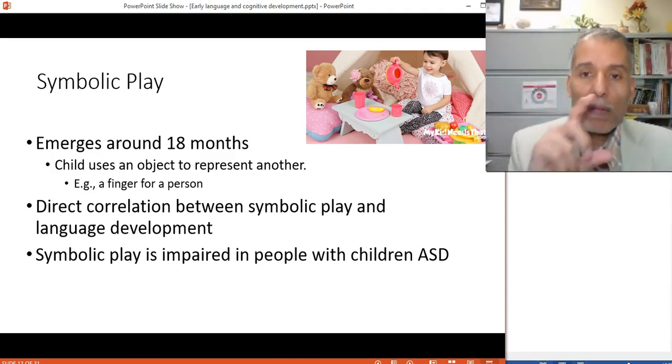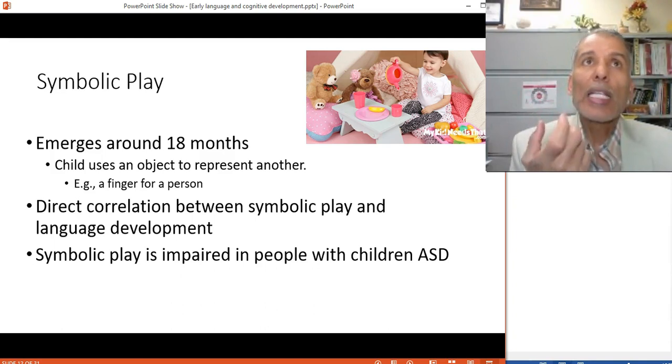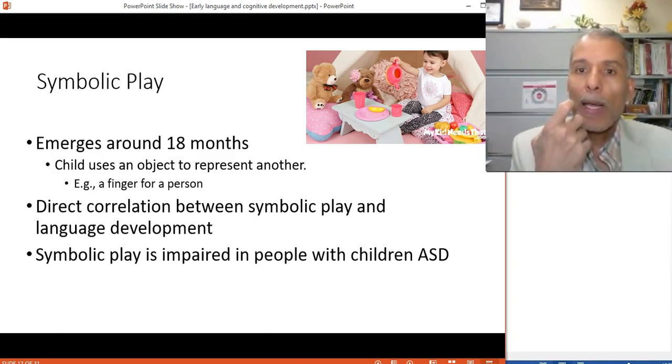Play itself, the context of play, is essential for children to develop in a context where they have access to play over and over, and make it part of their daily routine.